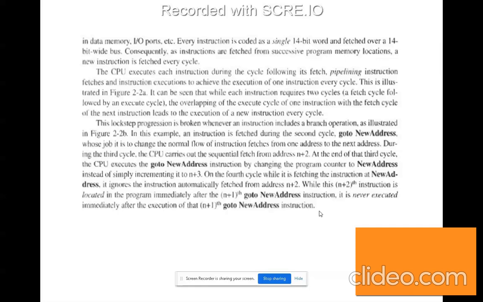But by applying the pipelining method, you use only one cycle per instruction. How? While executing the first instruction, you fetch the second instruction. In that manner, timing cycles are avoided or minimized. So you overlap the execute cycle of one instruction with the fetch cycle of the next instruction, which leads to the execution of a new instruction every cycle.